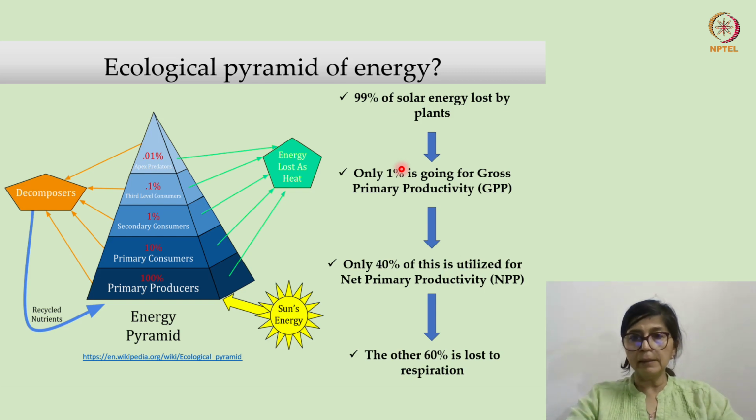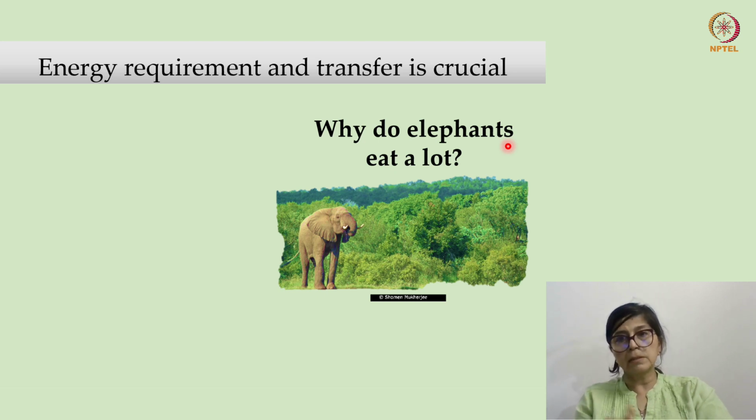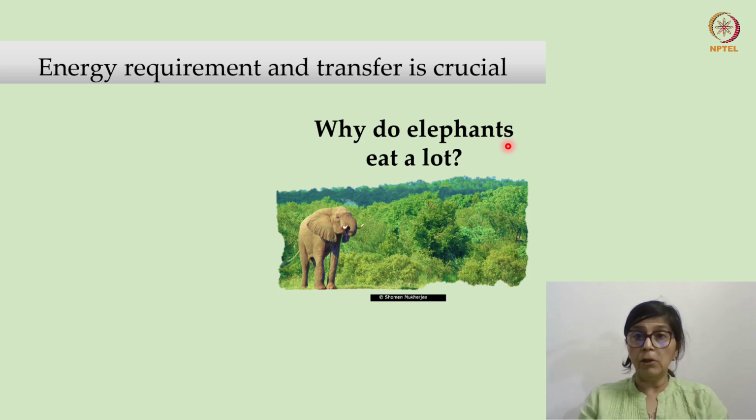And if you think a bit more about this, then I can ask you a question. Why do elephants eat a lot? It's not that I am going to answer this question here completely because it's actually a very complicated thing. Elephants on average weigh about 4 tons.